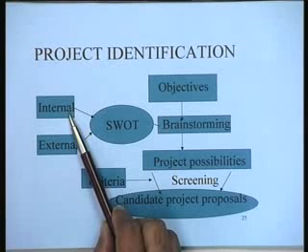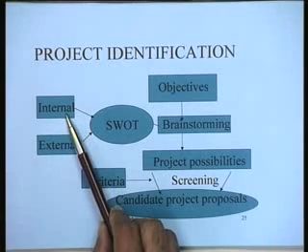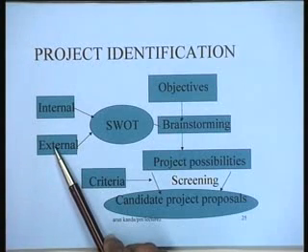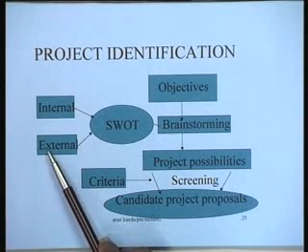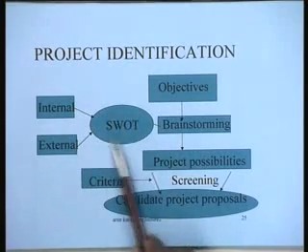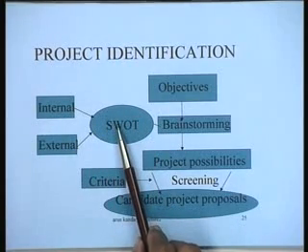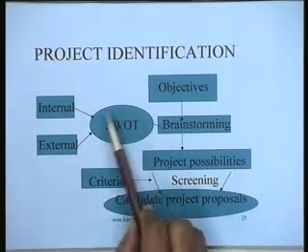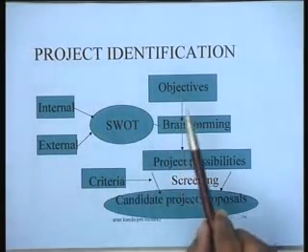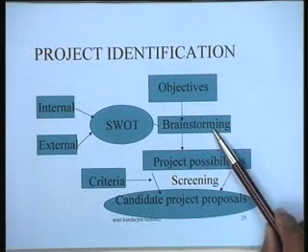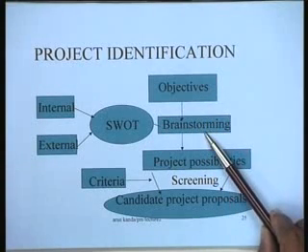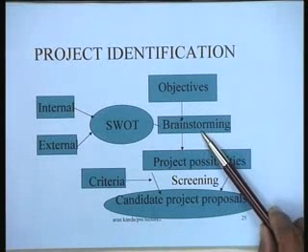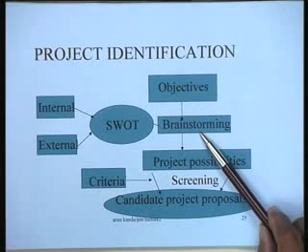Looking within will identify for you the strengths and weaknesses. Looking outside at the environment will identify the opportunities and threats, and you do a SWOT analysis in that system. And on the basis of this SWOT analysis and the objectives, you can conduct a brainstorming exercise. In fact, we did conduct a brainstorming exercise for an example of reducing the vehicular pollution in the city.